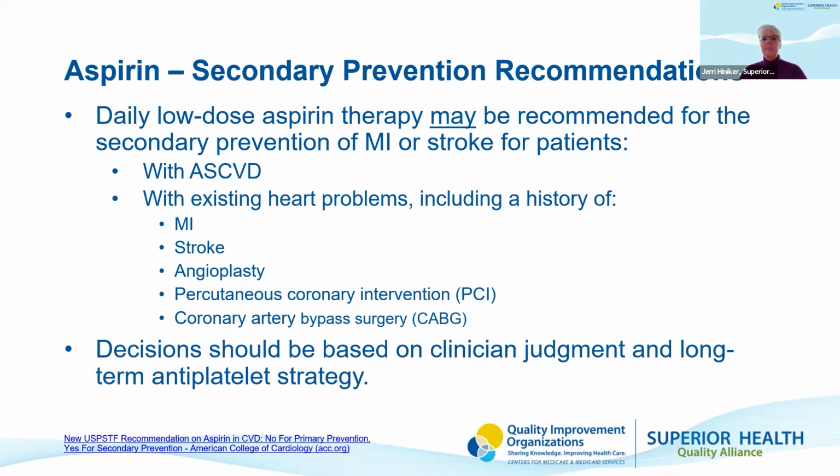These patients may benefit from a low-dose aspirin as part of secondary prevention. Again, follow your organization's guidelines. These are based on clinical judgment for the patients. You need to consider everything about the patient and their history when prescribing low-dose aspirin as long-term antiplatelet therapy.